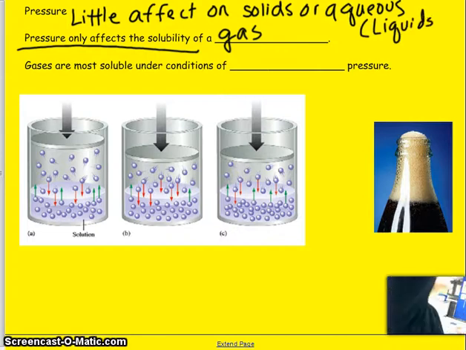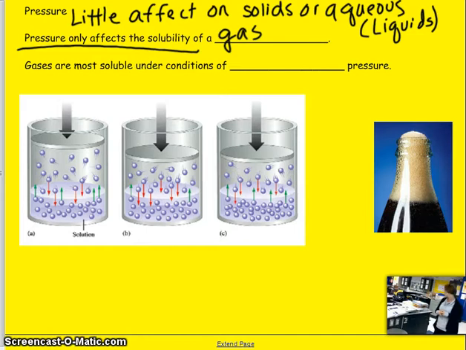It only affects the solubility of a gas. Carbonated beverages are what this picture is showing you. Carbonated beverages are actually bottled at high pressures so that you force the carbon dioxide in.